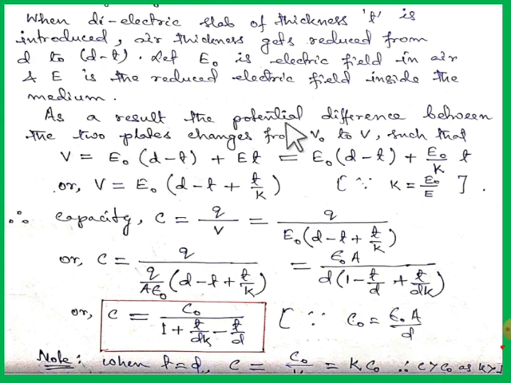So as a result, the potential difference between the two plates changes from V naught to V.